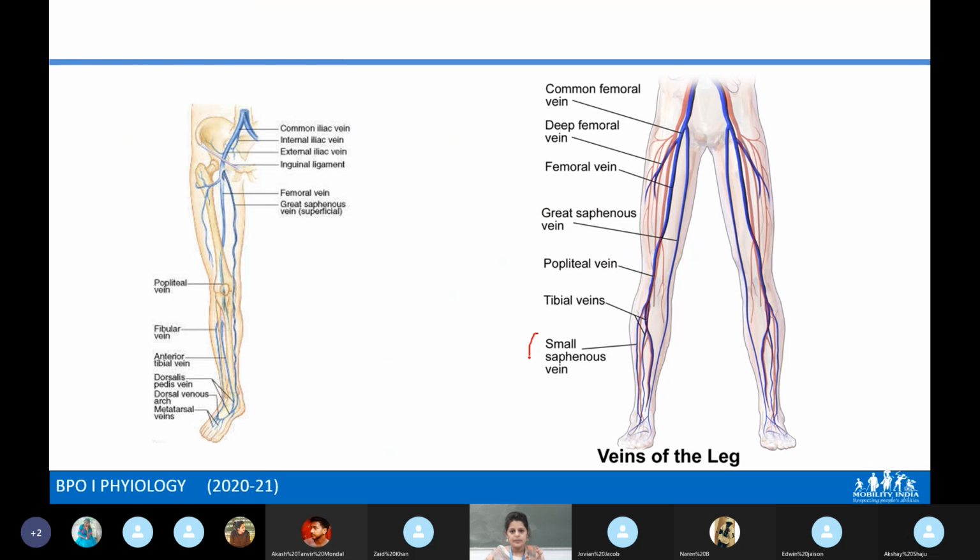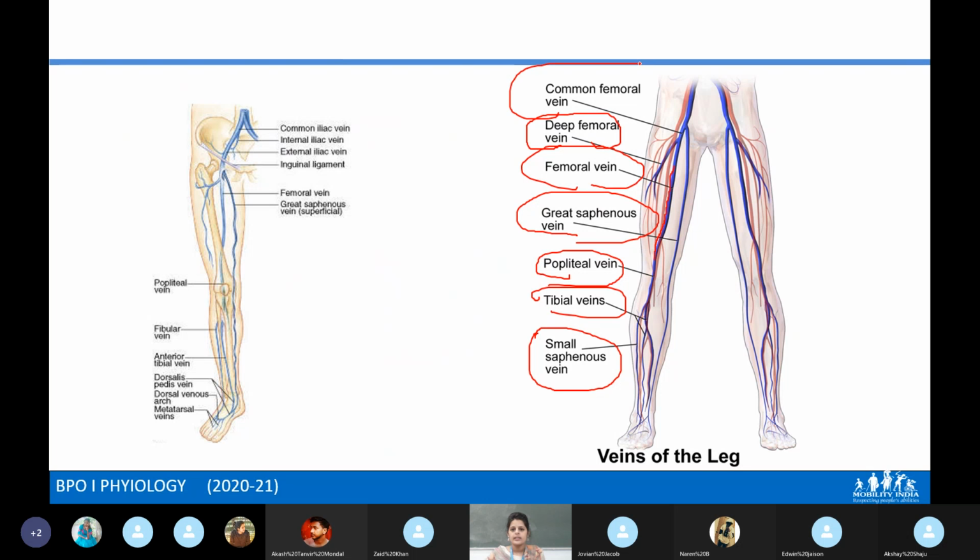Apart from these, there are also the small saphenous vein, tibial vein, popliteal vein, great saphenous vein, and femoral vein is here. One artery will branch into two, three, with different names that you will study, as I said, in the subject anatomy.